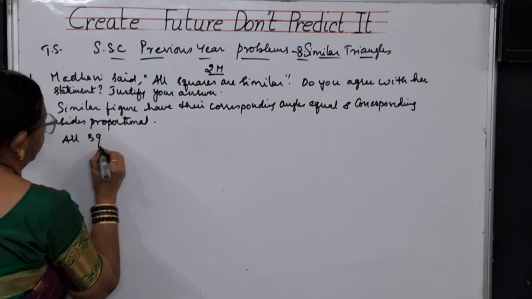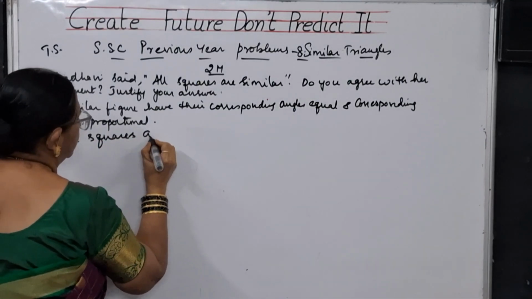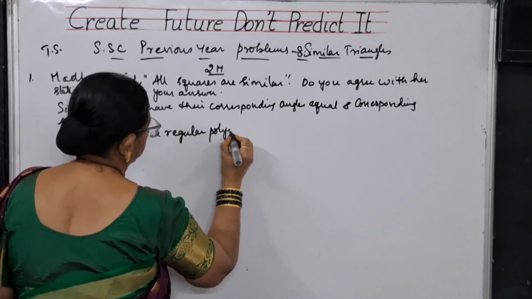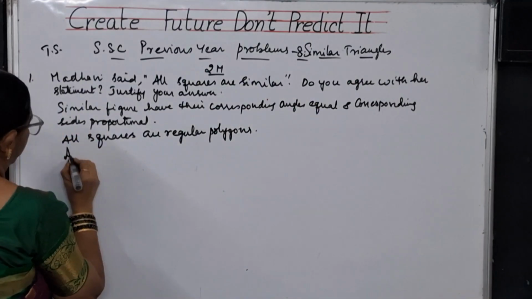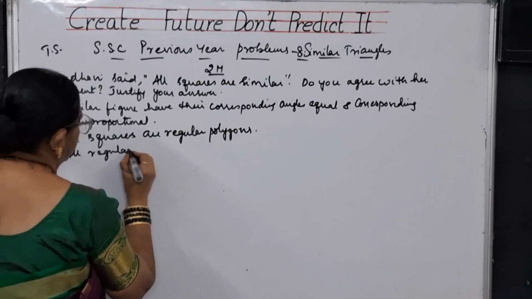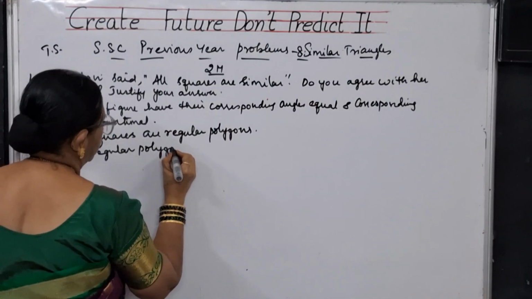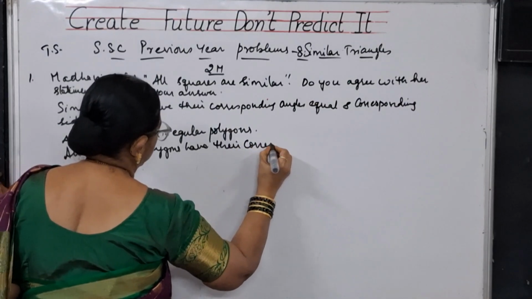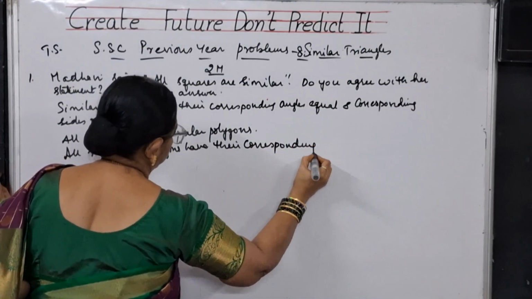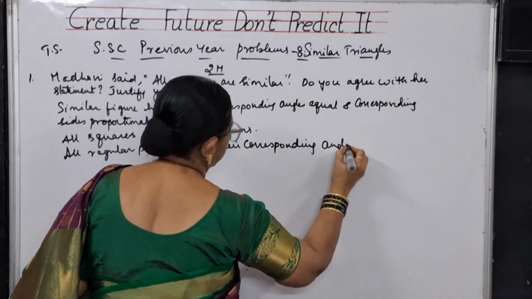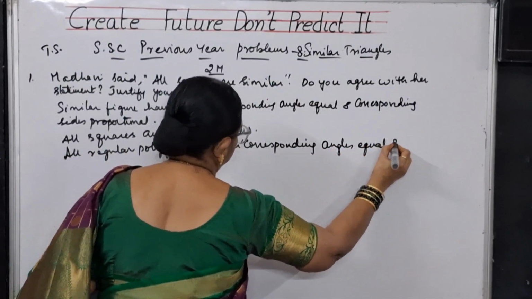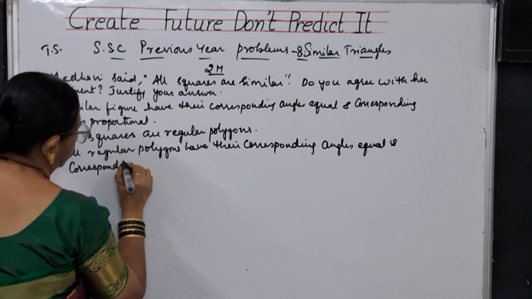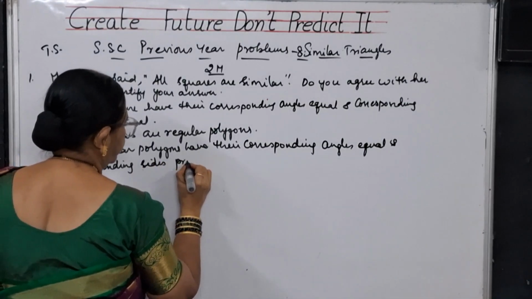All squares are regular polygons, and all regular polygons have their corresponding angles equal and corresponding sides proportional.